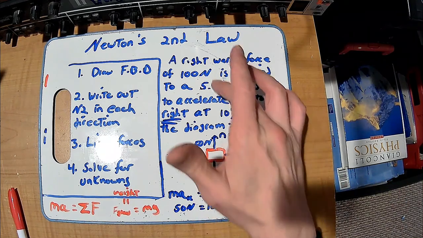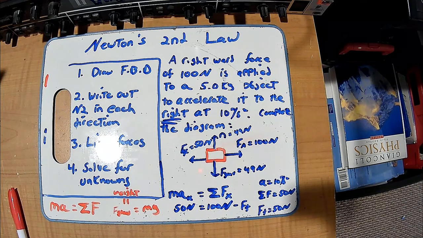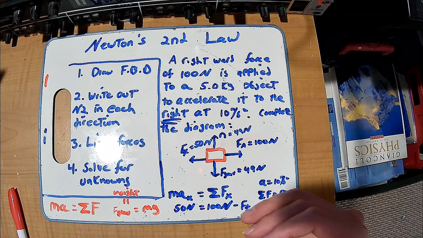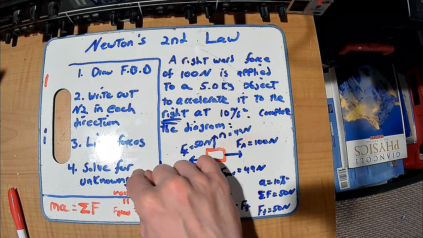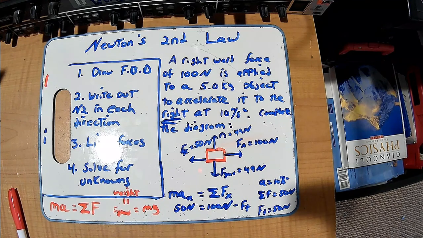If you know the weight, you can find the mass. Okay. You want to write out Newton's second law in the y direction and in the x direction. Right now, I only have the x written down because of the space on the board, but we did the y direction earlier. Then you do the x direction. All right. And then you want to solve for whatever things are unknown that you're trying to figure out, and just break it down step by step.